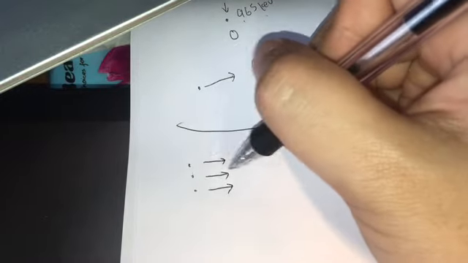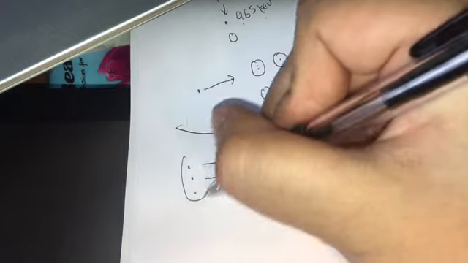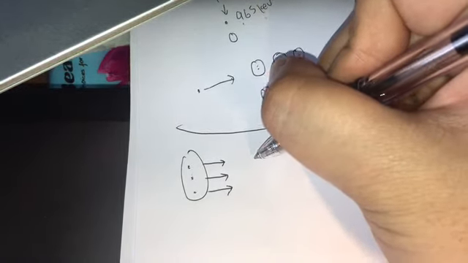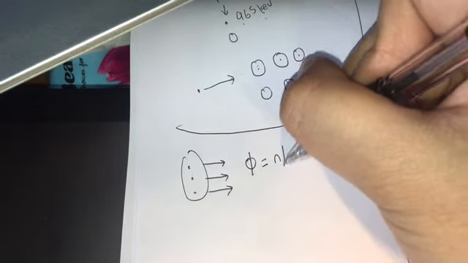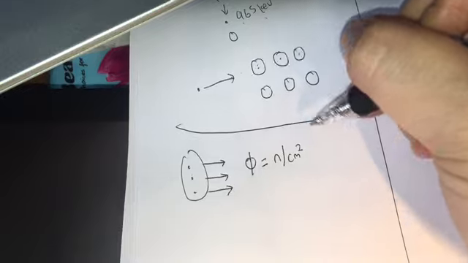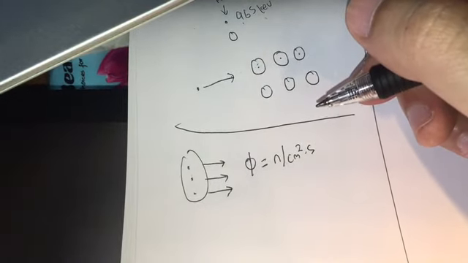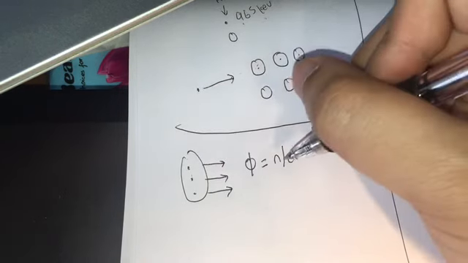We're not going to do math for each of them, so to speak. But we can consider this as some kind of group, and we call the flux phi, which is the number of neutrons going through a unit area per second. So flux is usually measured in number of neutrons per unit area per second.